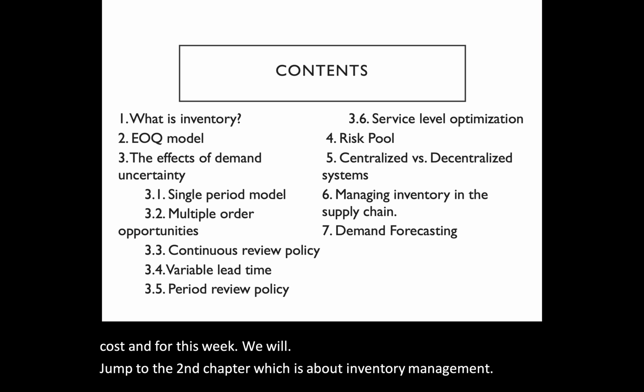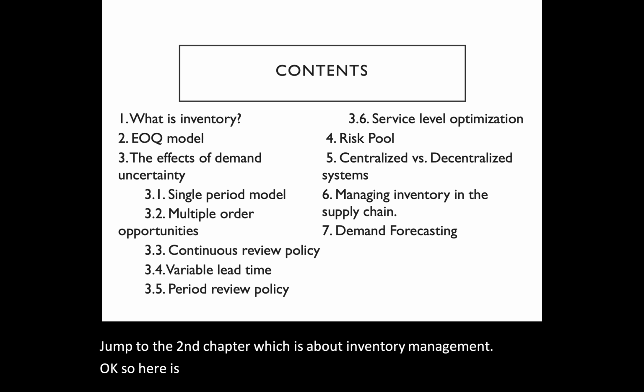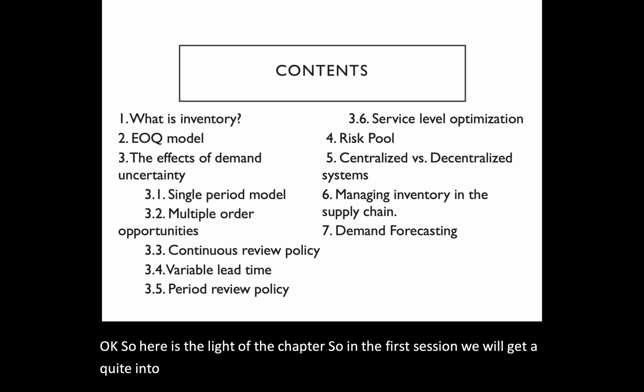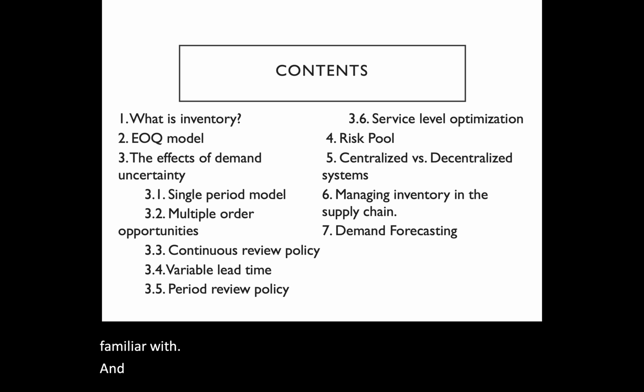Okay, so here is the outline of the chapter. In the first session, we will get acquainted with the concept of inventory, which some of you might be familiar with. And then in the second session of the chapter, we will explore the EOQ model.